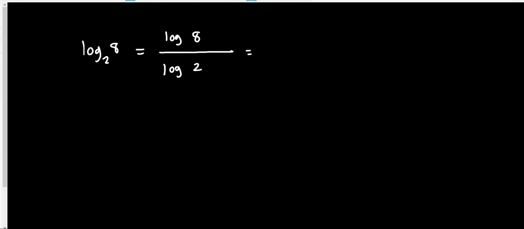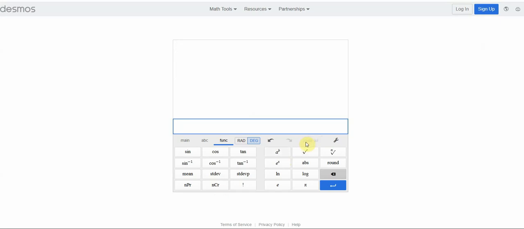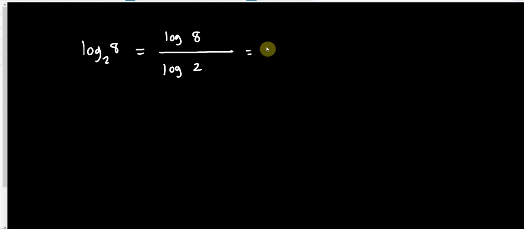And so let's give this a try. The common log of 8 divided by the common log of 2. Boom, and we got 3. Excellent. We got a pretty whole number, so this works for ones that even we could take the time to do. So that's another useful thing.